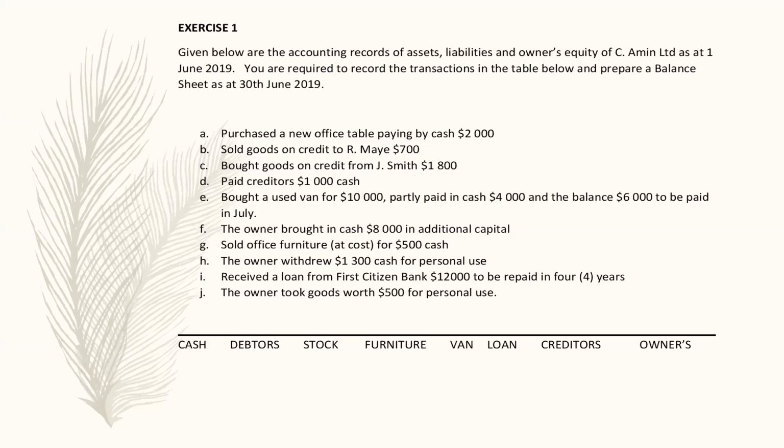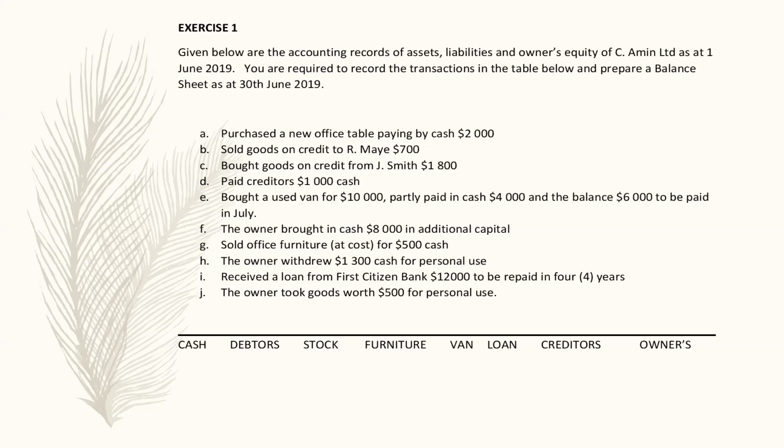So you're going to put under your stock column plus $1,800 because you are receiving goods from J. Smith, as well as since you purchased those goods on credit, it means that you are owing J. Smith, who is a creditor.